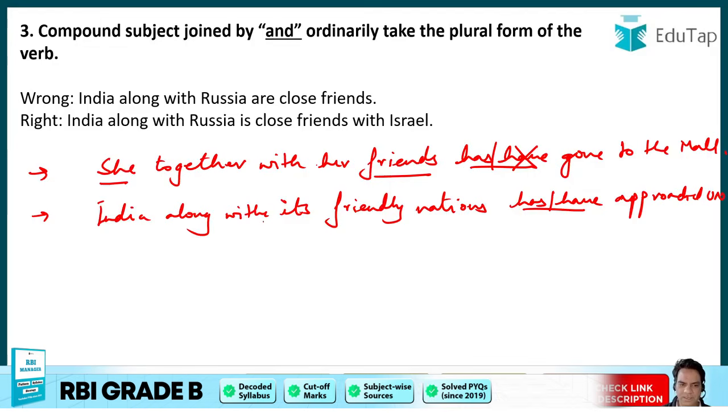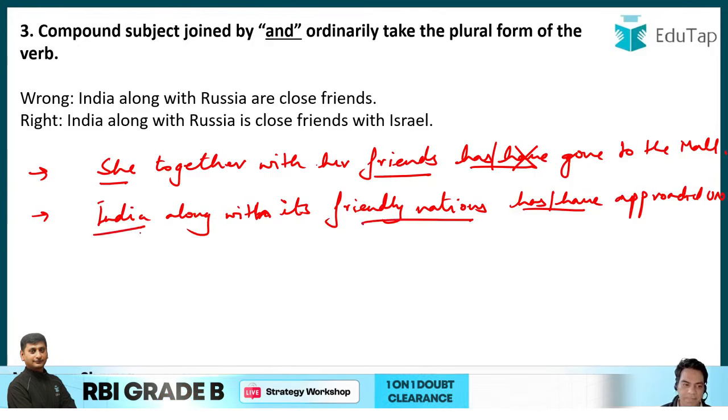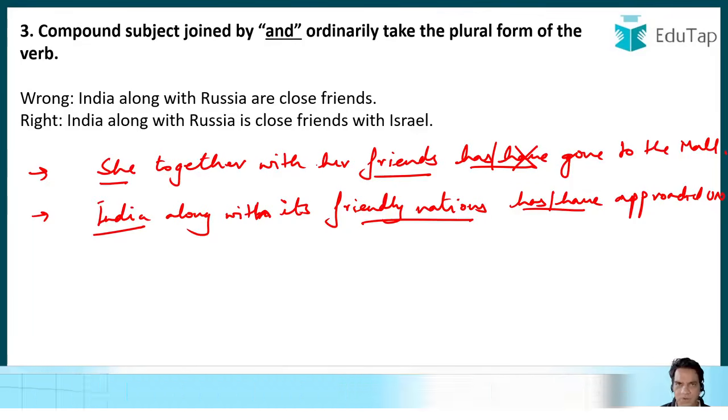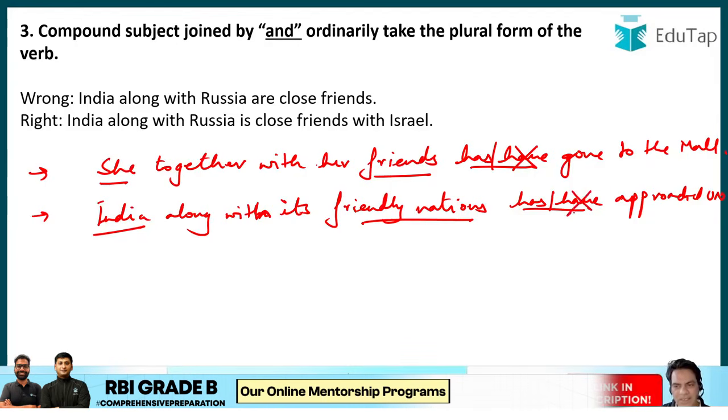Now you look at the sentence, India along with its friendly nations. It seems like India together with some friendly nations, so it seems there are multiple countries here. No, the verb will still be has, singular. You know why? Please remember this.